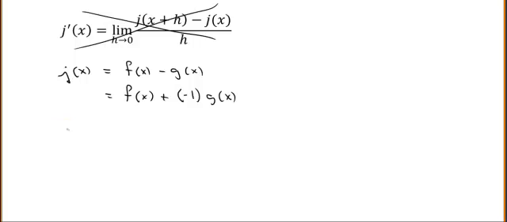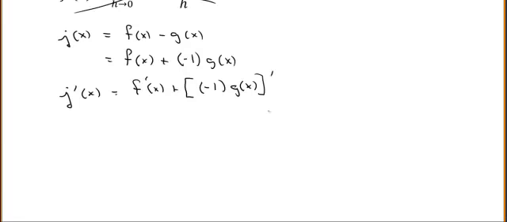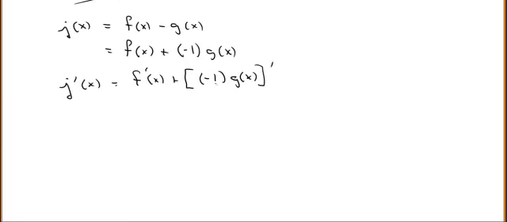Well, then if it's a sum of two functions, the derivative by the first property, the derivative of the sum, we can take the derivative separately of each term. And notice the second term is a constant times a function, and I'm taking the derivative of it, so I can take the constant times the derivative of the function.